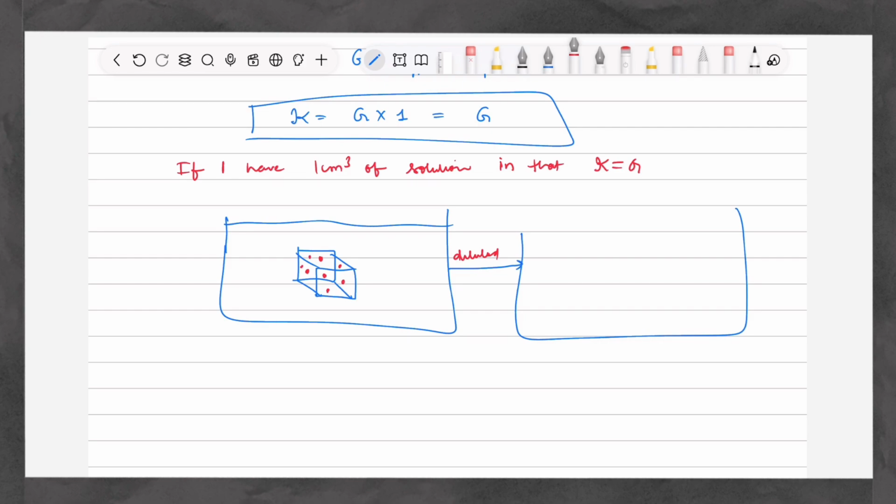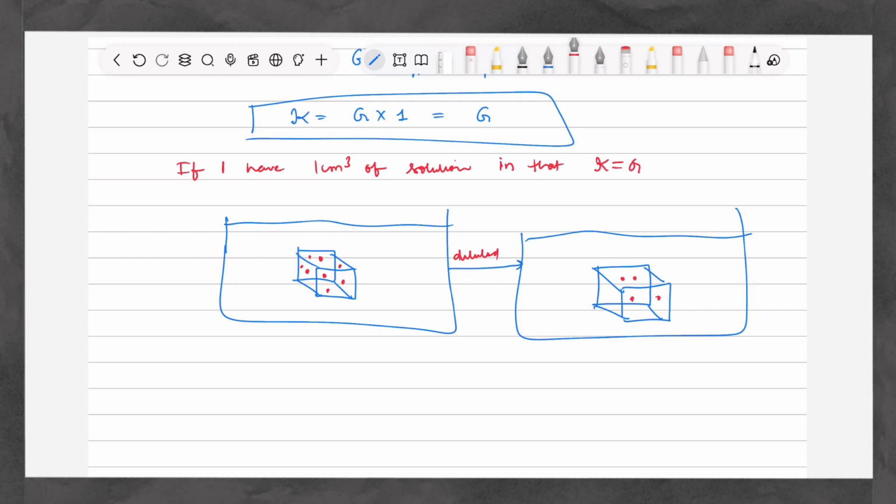Then with dilution, what will we see? We will see that in that same 1 centimeter cube, just because of dilution, we will have more water. So the number of ions will decrease.